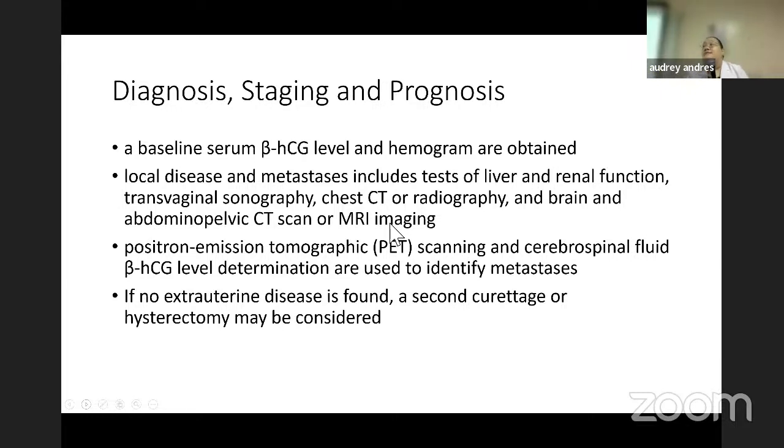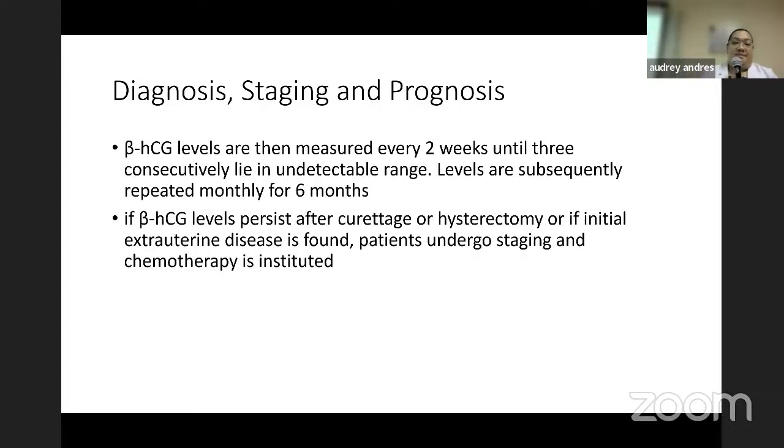Then assess your liver function test, sonography, PET scan, and if there's no extrauterine disease found, please do a second curettage. Okay? Or you may do a hysterectomy.